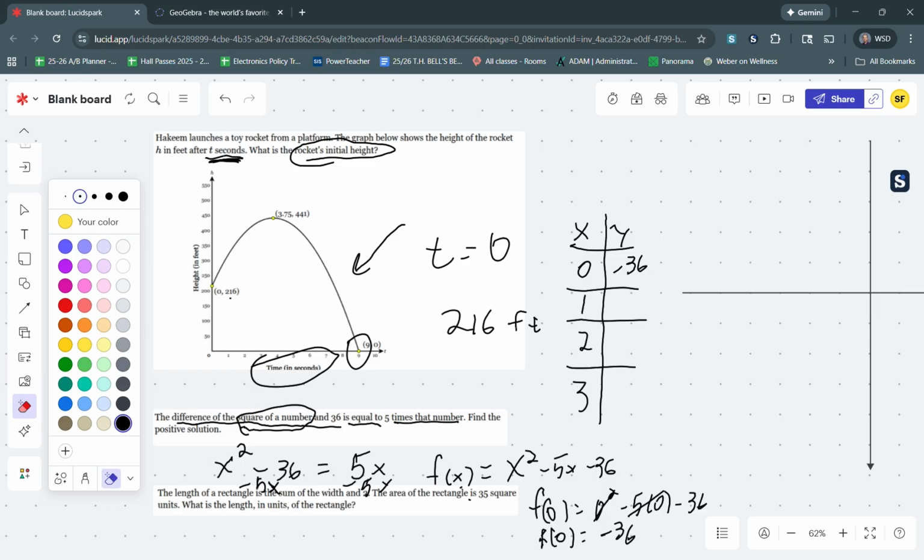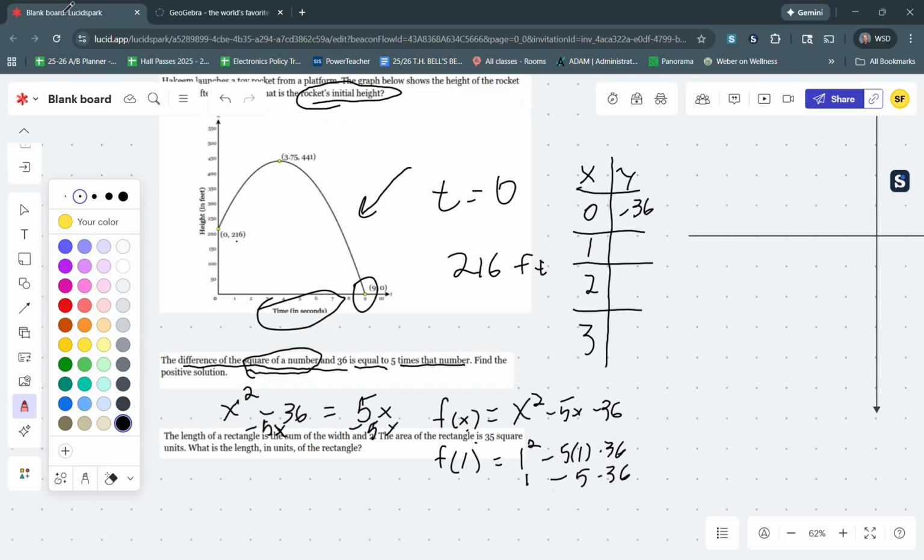Let's plug in some other values. F of 1, we'll get 1 squared minus 5 times 1 minus 36. That'll give us 1 minus 5 minus 36 for a total of negative 40. We get f of 1 equals negative 40.